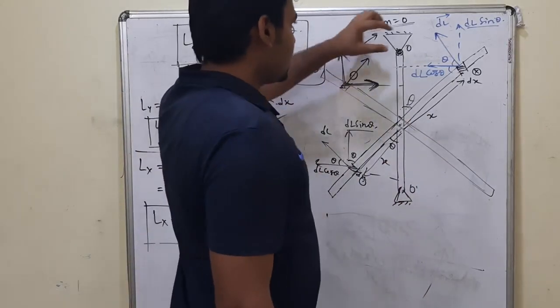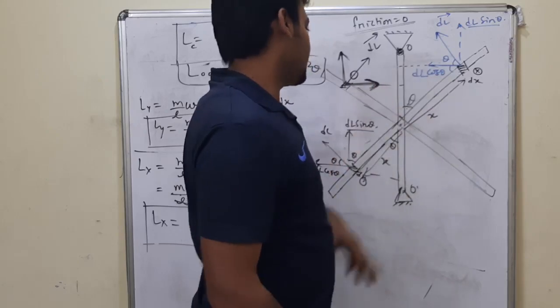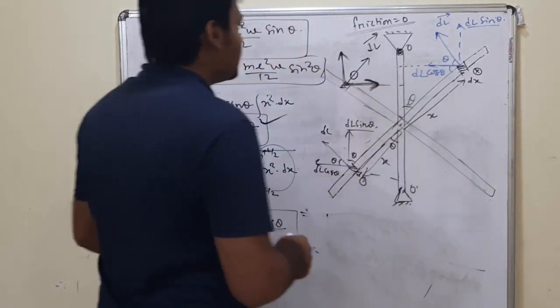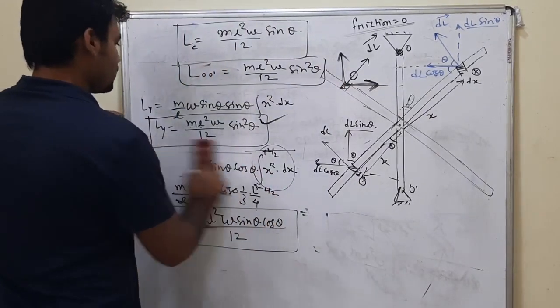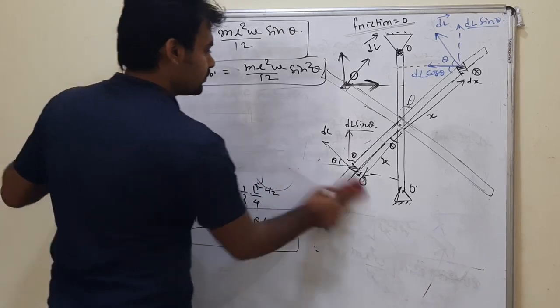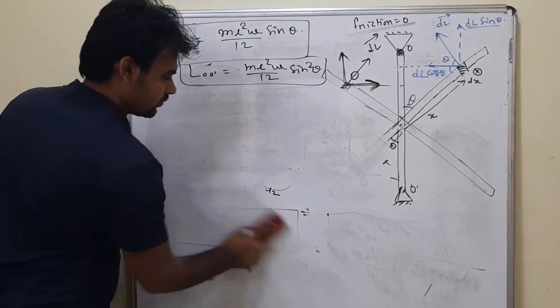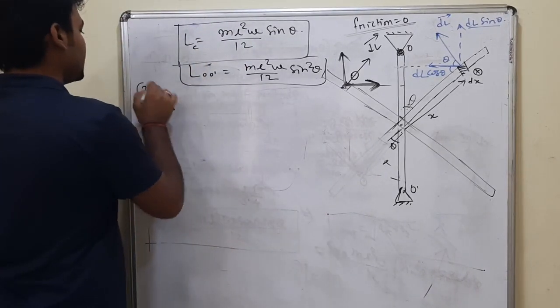You can see the direction of Ly is not changing, whereas the direction of Lx is changing, and it will happen for all the elements of the rod. So for the second part, I am telling the change in half of the rotation.